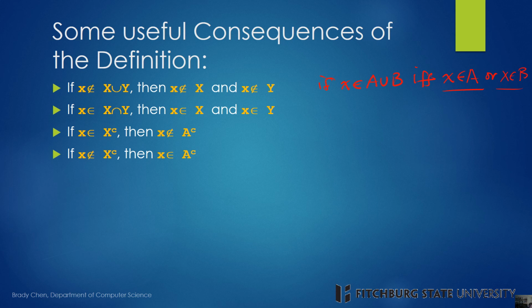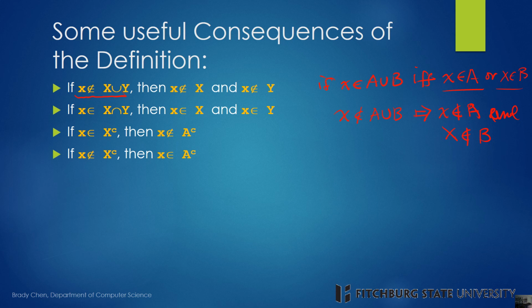That means that if X does not belong to the union of A and B, then X does not belong to A, and X does not belong to B, right?